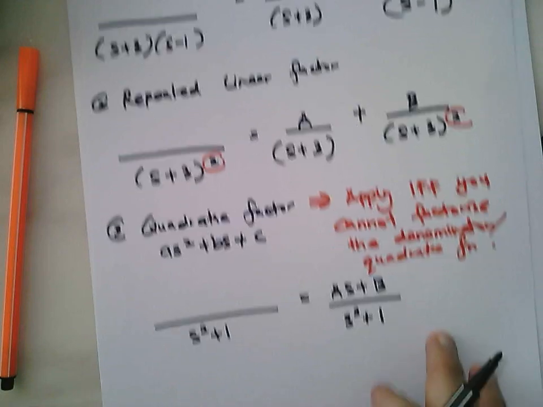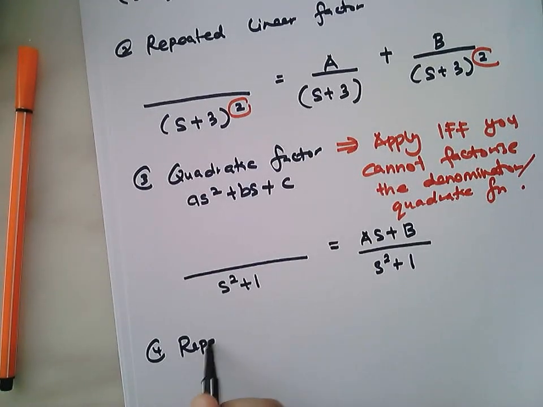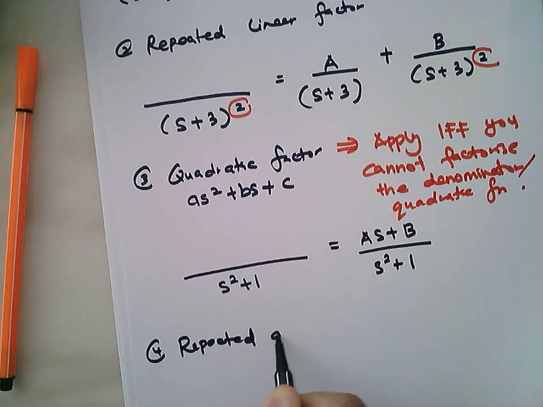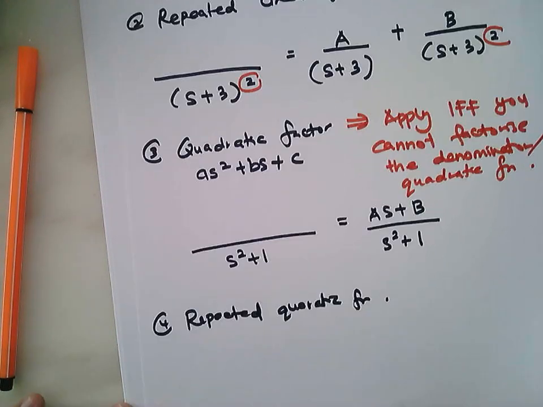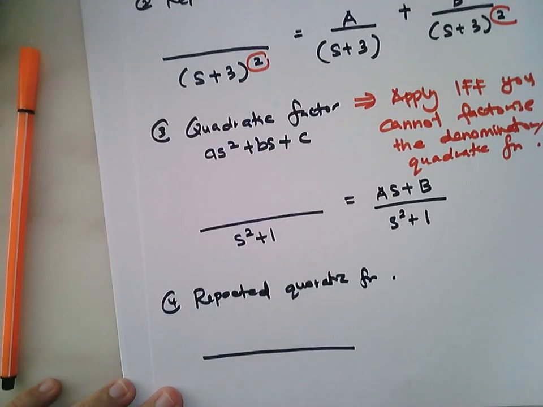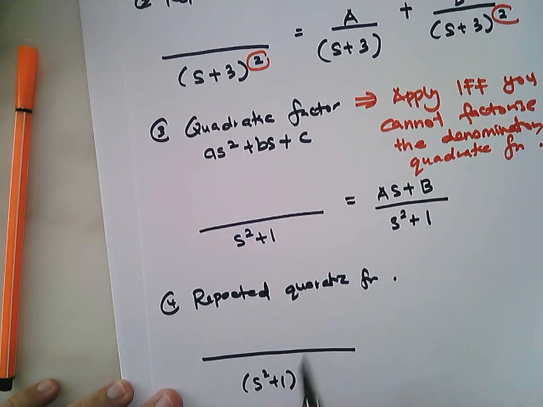The last one is repeated quadratic function. Let's say for your denominator part you have a quadratic function, for example s squared plus 1, and this is repeated, which means the power is greater than 1. Let's say you have squared here.